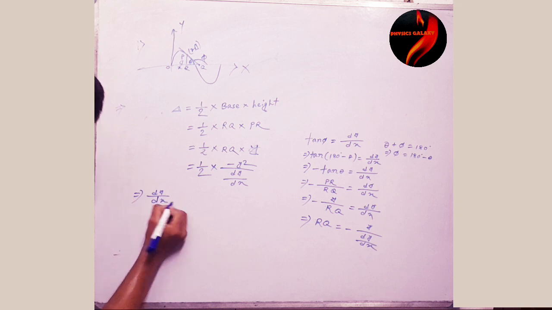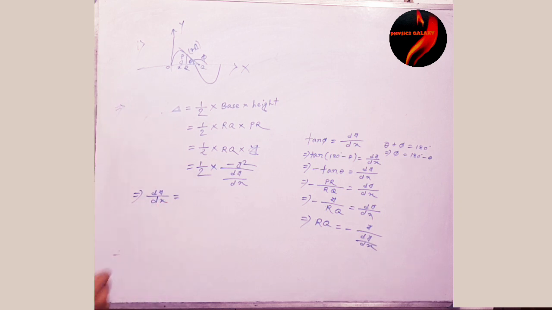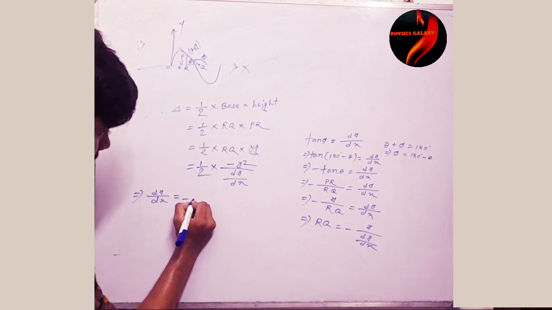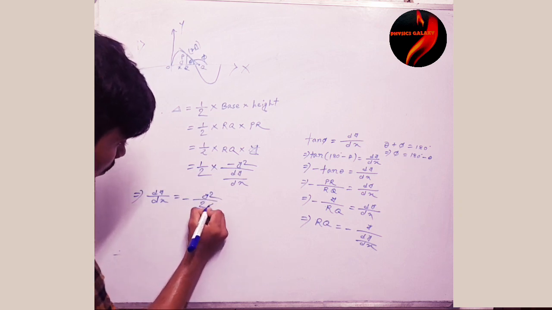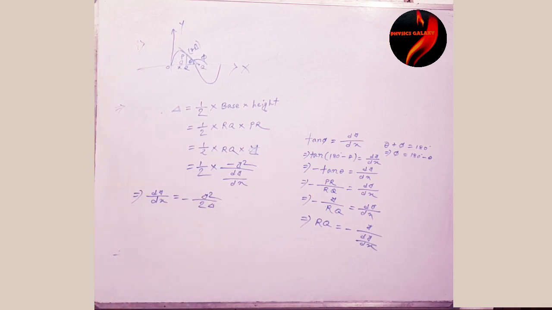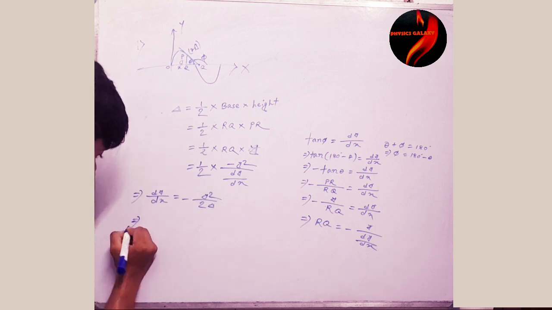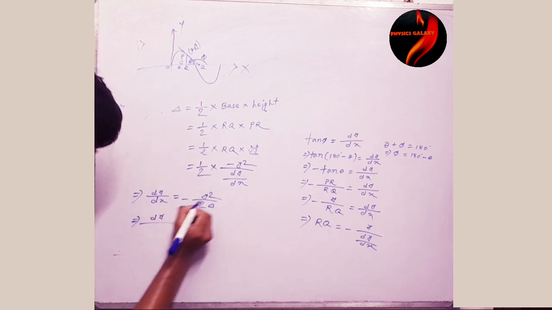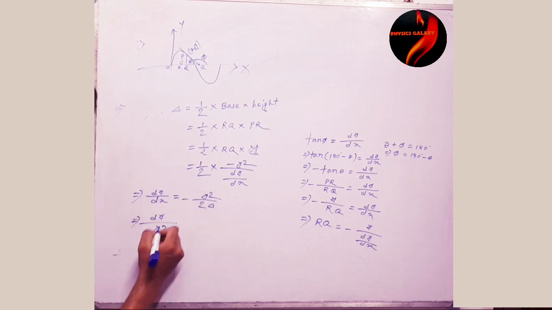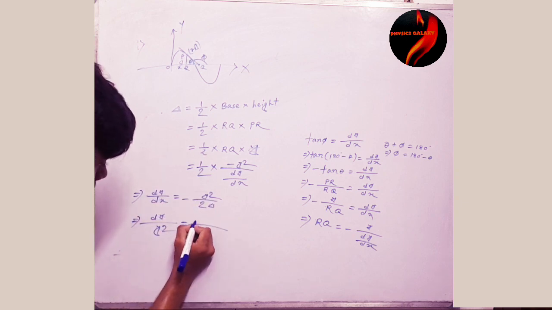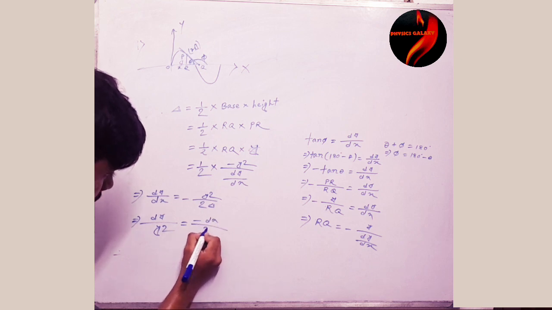and delta equals this, so dy by dx equals minus y square by 2 into delta, and if we take this y square here, we get dy by y square equals minus dx by 2 into delta.